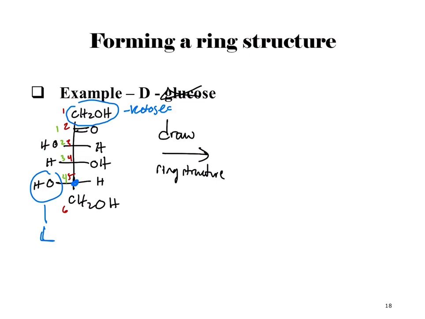So I'm going to draw the ring. I'm always going to draw the oxygen first, and then draw the 5 carbons around it. It's going to look something like this. Try and draw the orientation a little bit better. The OH group, I'm going to put up right now because we haven't talked about what that means, and I have to give that to you.